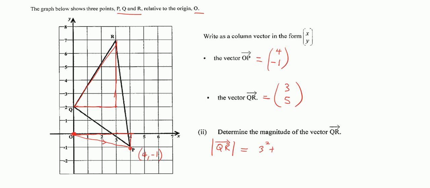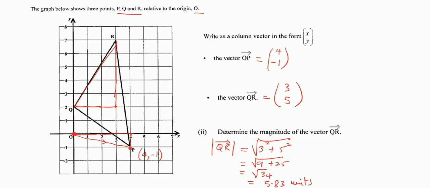So it's 3 squared plus 5 squared, and we find the square root. 3 3s are 9, 5 5s are 25, so 9 plus 25 is the square root of 34, which gives us 5.83 units. So that is the magnitude of the vector QR.